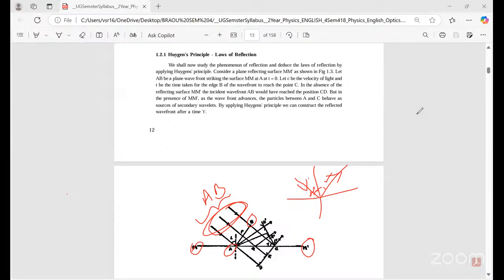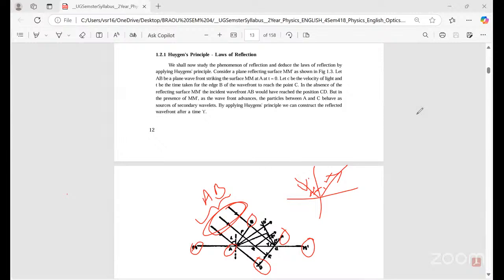But in the presence of MM dash, the wavefront advances, and the particles between A and C may behave like secondary wavelets.